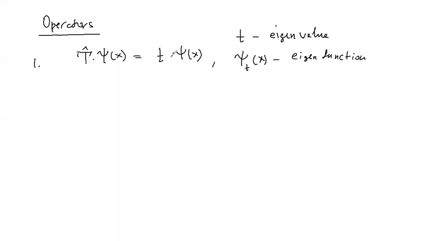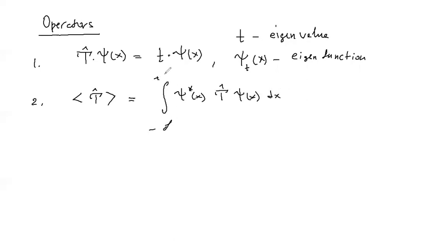What else can you do with operators? You can calculate average values. So an integral of psi conjugated, an operator like this, over some function. I want to be more specific, so it is 1D.